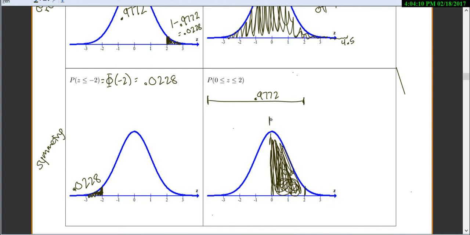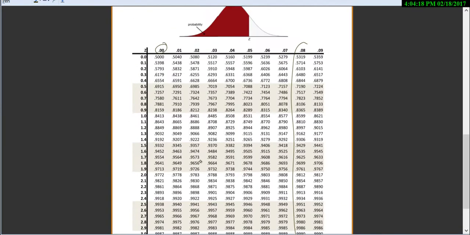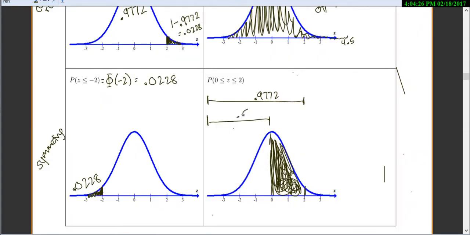Well, what you do is you look up the 0, look up this area and subtract it out. So let's go look up 0. So here's 0.00, 0.5. That makes sense, right? It's centered at 0, so we should have half the probability on either side. So if I look up the 2, it gives me everything to the left, but that's too much. So if I look up the 0, that's the area to the left that I didn't actually want, and I can subtract them, and that will give me just what I do want in the middle.